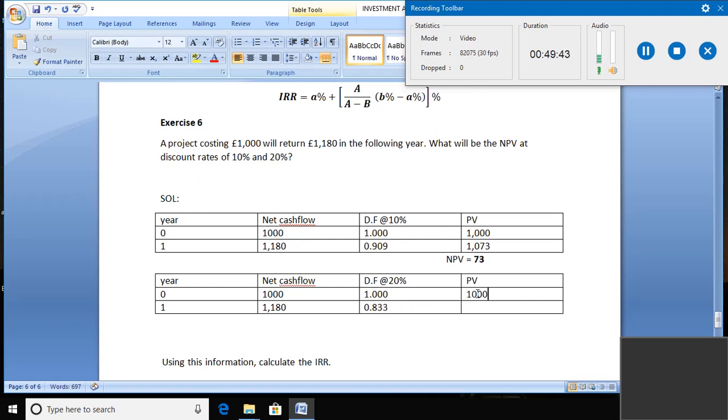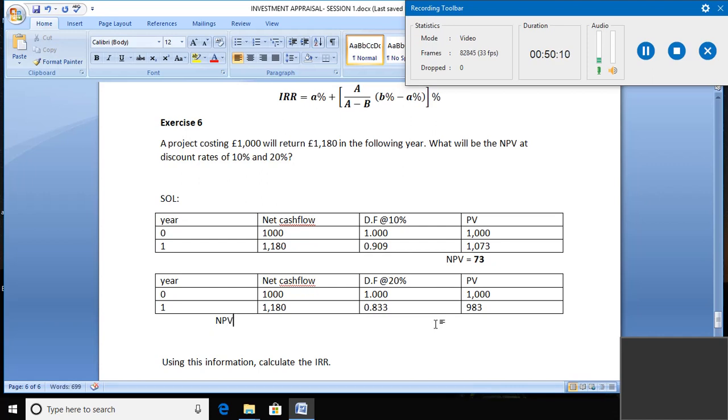So what will be the PV? That is going to be 1,000, and this is going to be 983. That's 1,180 multiplied by 0.833. So in this case, what will be the NPV?